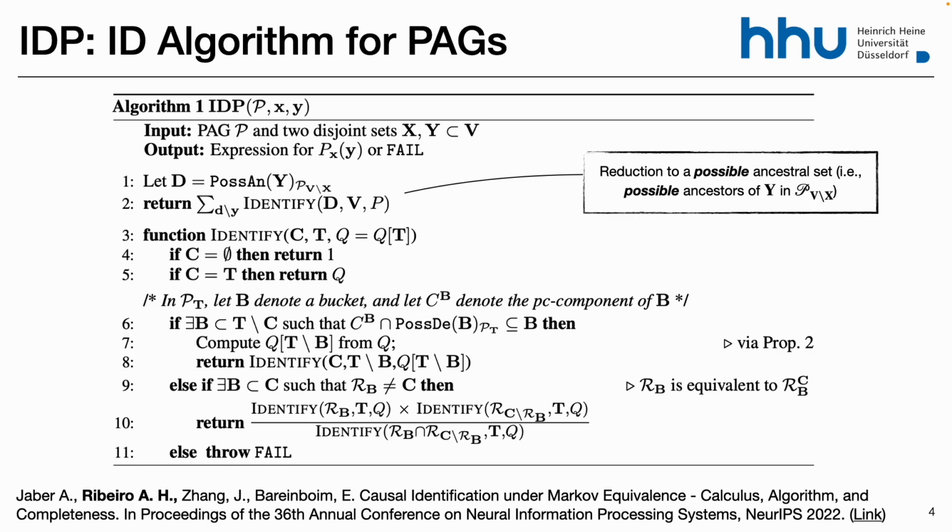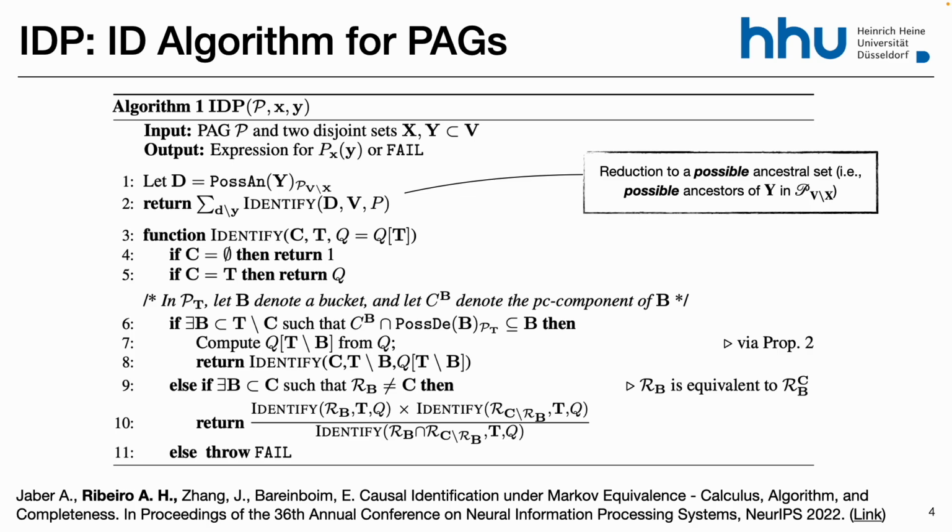Oh, there is this difference: now it's going to be possible ancestors instead of ancestors, but it's very similar. But there is one different thing here, and I'm going to motivate the difference in the next slides.